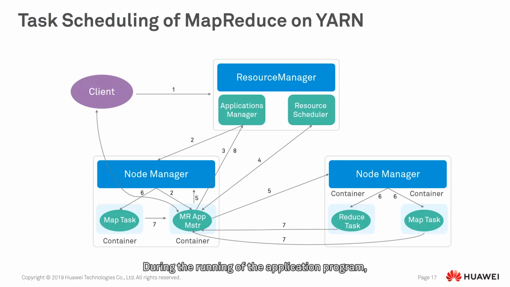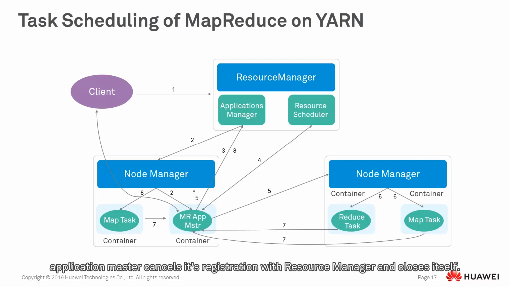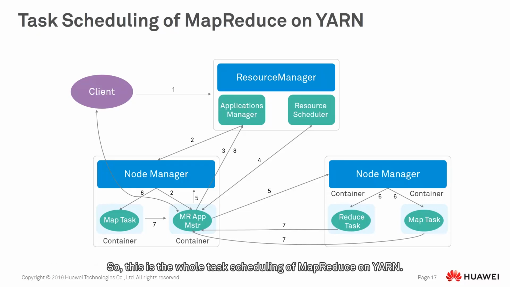During the running of the application program, users can use RPC to obtain the operating status of the application program from application master at any time. After the application program ends, application master cancels its registration with the resource manager and closes itself. So this is the whole task scheduling of MapReduce on Yarn.